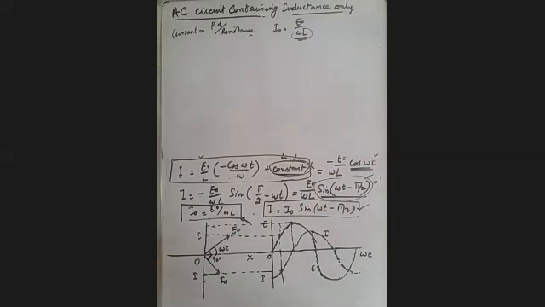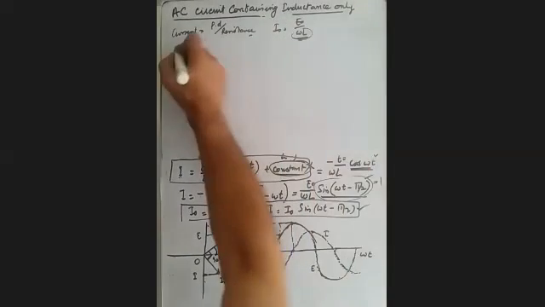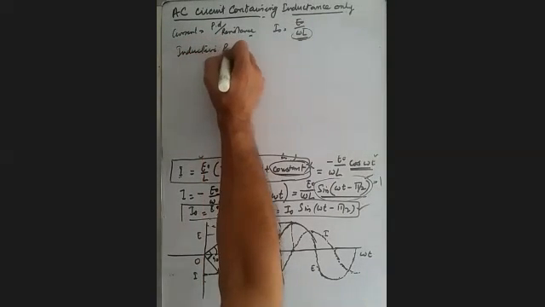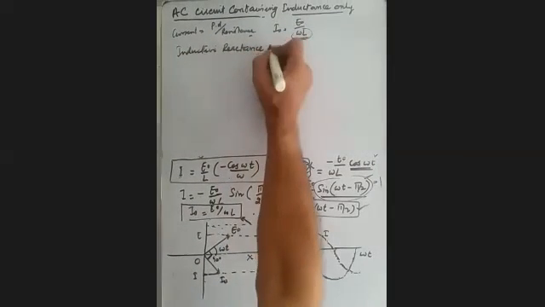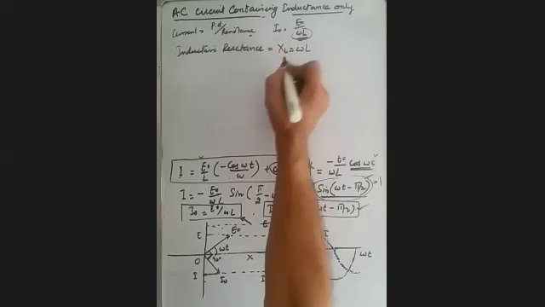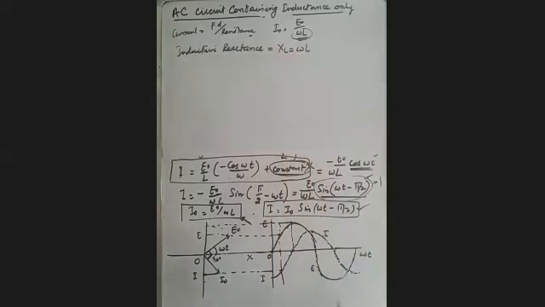So this quantity is called the inductive reactance. So omega L is called inductive reactance, and it is represented by XL, because this is due to inductance, and it is equal to omega L. So inductive reactance limits the current in an inductive circuit, like resistance limits the current in a resistive circuit in case of DC.